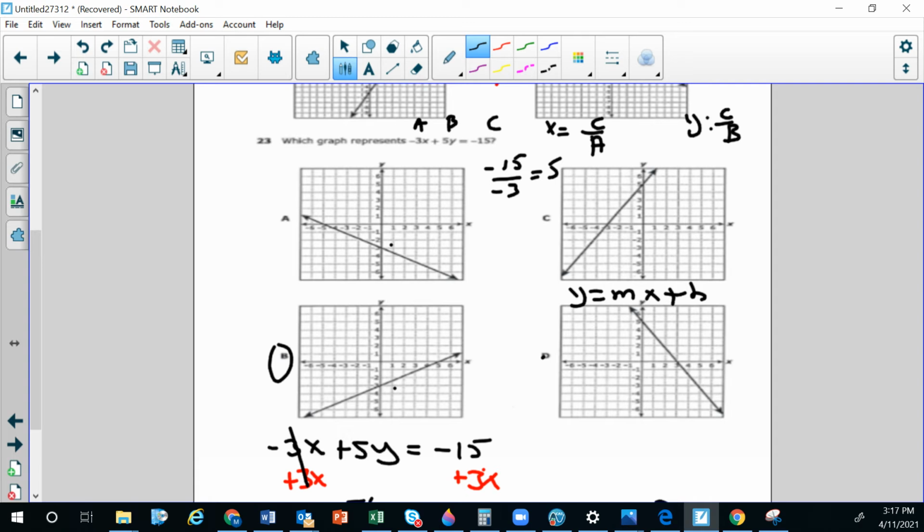And my y-intercept is C over B, which is -15 divided by 5, which is -3. So which graph has an x-intercept of 5 and y-intercept of -3? Again, B. So that's another way you could have done it, and then you could just graph it. Okay, so that's 23.